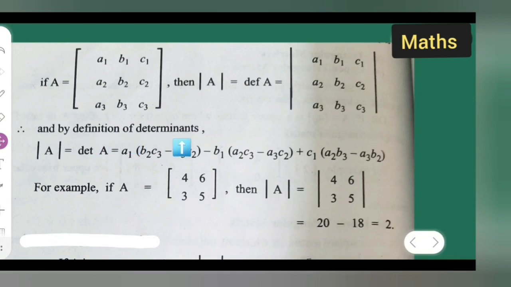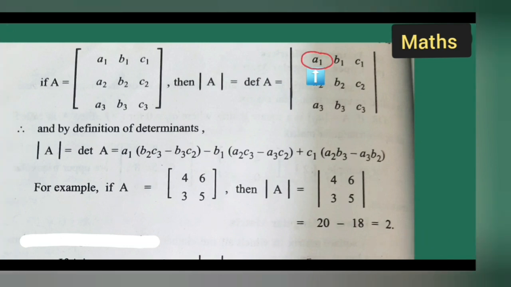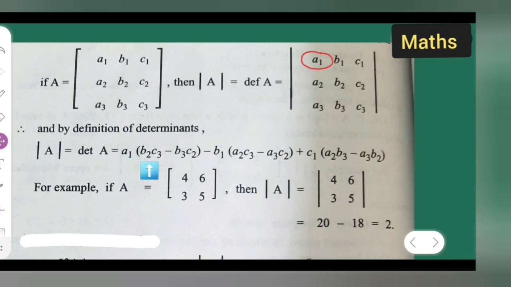By the definition of determinants, det A is equal to, keep this a1 out, okay, over here. Now you are not taking this row and this column, so cross multiply: b2 c3 minus b3 c2.